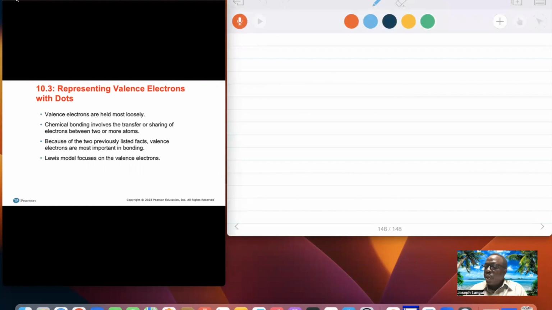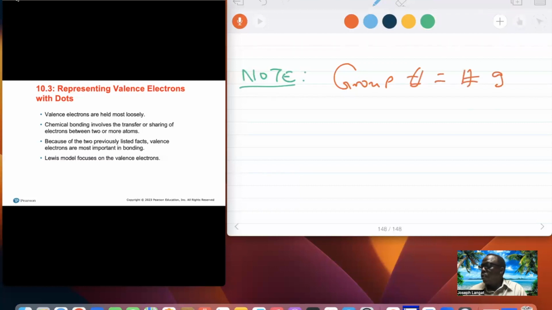For main group, group number equals the number of valence electrons.